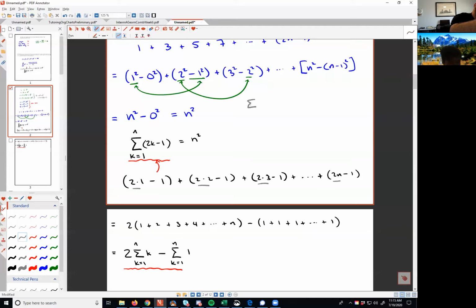Yeah, if we ever have a summation with two pieces, we can break it up into two different summations. I'm leaving off the indices there, but you see the idea. And it doesn't really matter what A and B are, they can be functions. Or if we have the summation of a constant times A, we can pull that constant out.